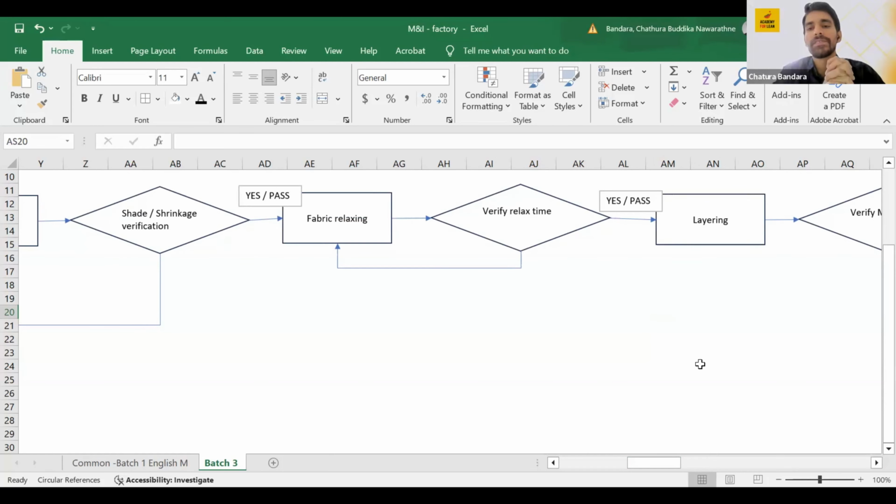You can select whatever process you like, maximum 10 processes including checkpoints, so that it's very short. Once you complete it, you can take a photo and share it in our WhatsApp group.